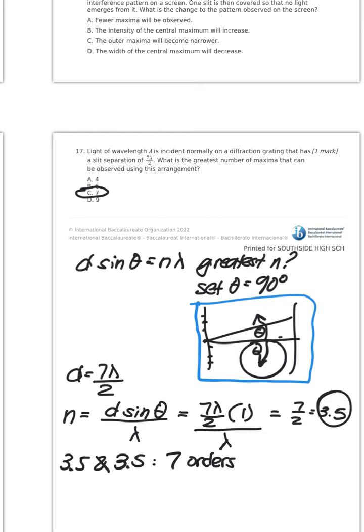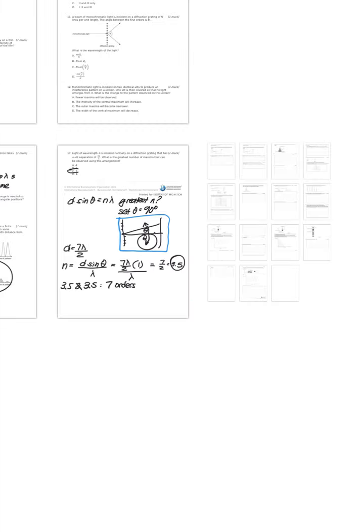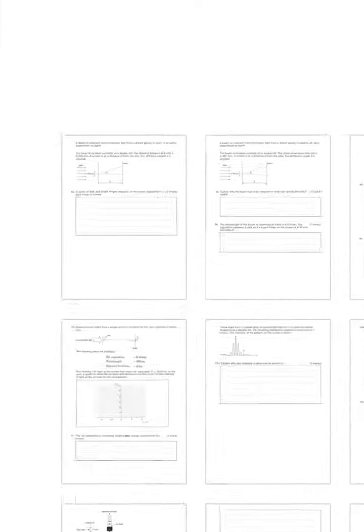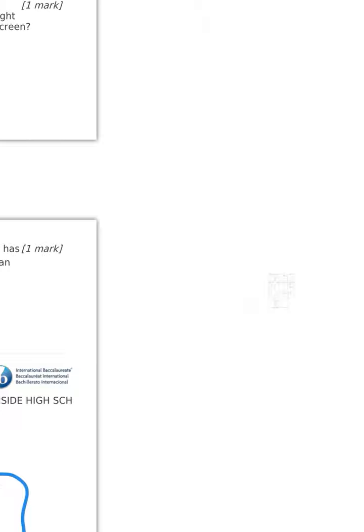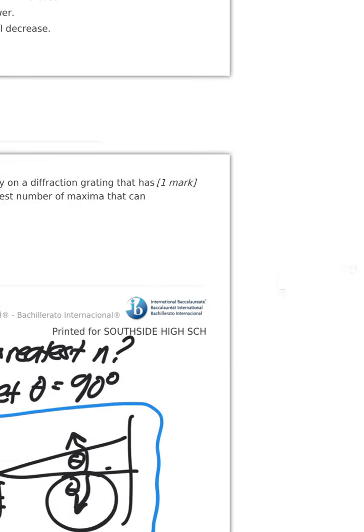Okay, so I just imported all of the paper 2 questions, starting with number 8. And, whoa, what happened? I've lost everything else. Oh, nope, there they are. Whoa, how'd they get so small?